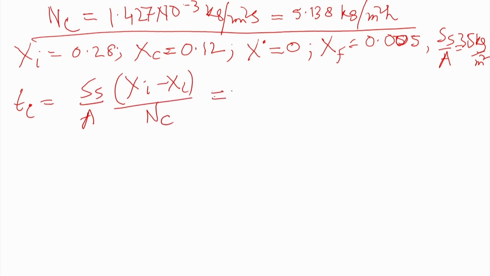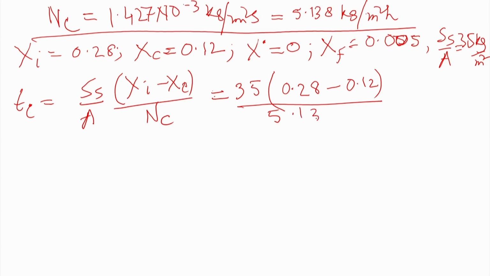SS by A we have as 35, then Xi is 0.28 and Xc, the critical moisture content, is 0.12, divided by Nc, which we have got as 5.138.